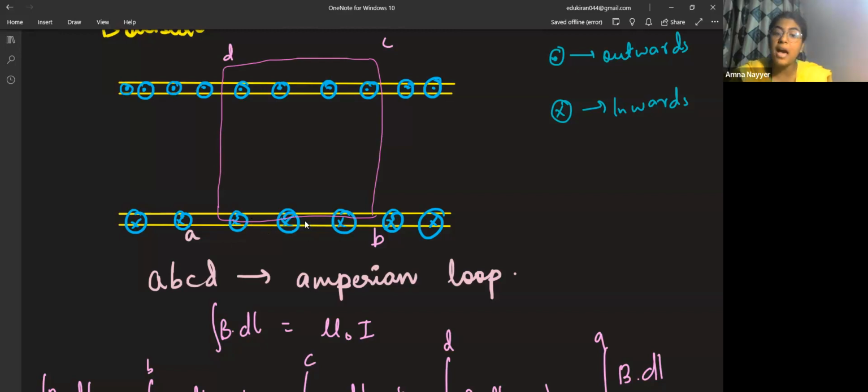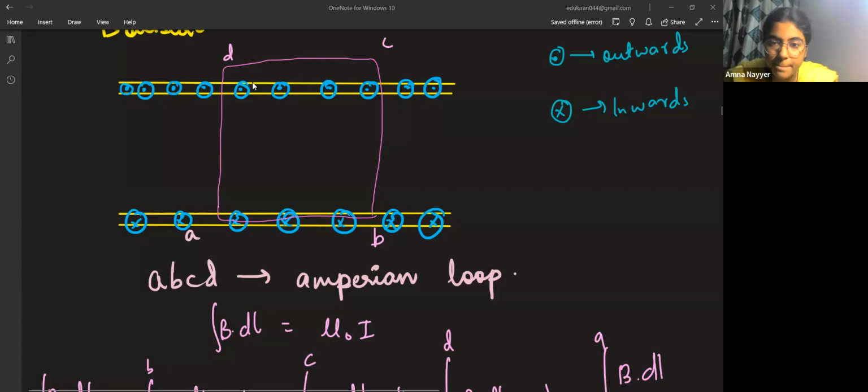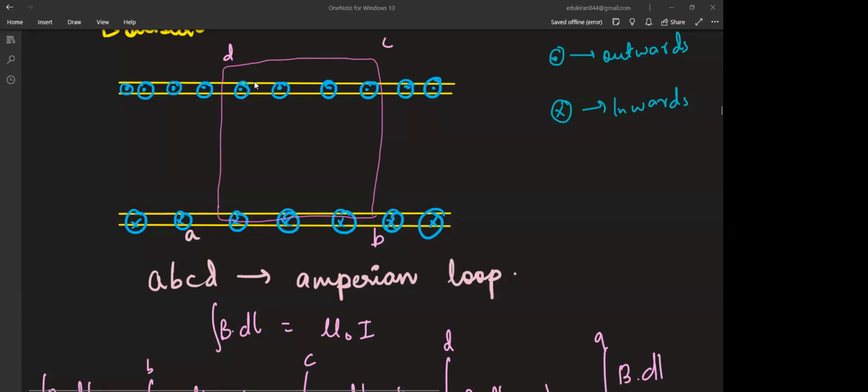This is directly parallel to the wire of solenoid. This is perpendicular to the wire of solenoid. So for these two, we'll have 90 degrees. For these two, we'll have 0 degree, right? So if we are talking about A to B, then cos 0 degree will be used. But as you can see, B to C, this is perpendicular to the wire. How is it perpendicular?